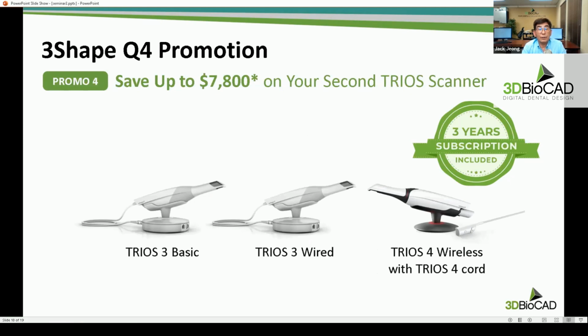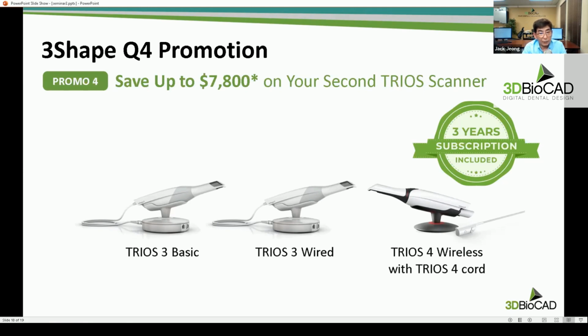For the existing Trios user who's looking to add an additional scanner, or a new customer who's looking to purchase 2 or more scanners, this promotion offers 2 additional years of subscription included for the additional scanner.